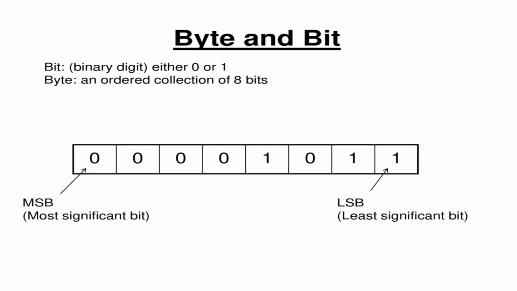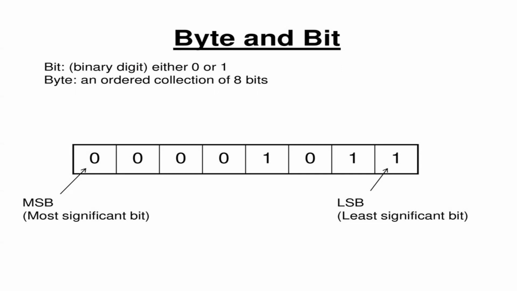Now let us understand one very important term, bit, which can be most significant or least significant. What is a bit? I already told you. A binary digit has a short form, bit. B is taken from binary and IT is taken from digit. So it becomes a bit.